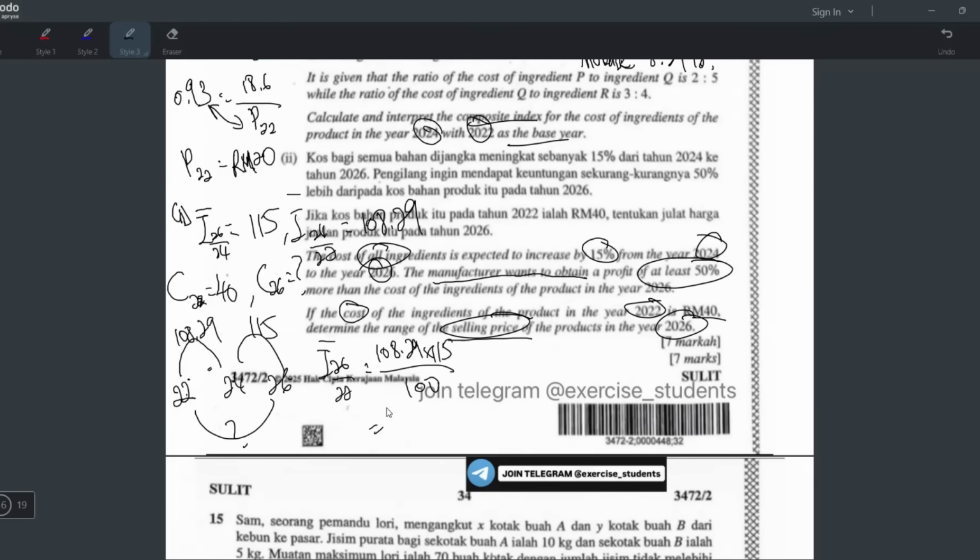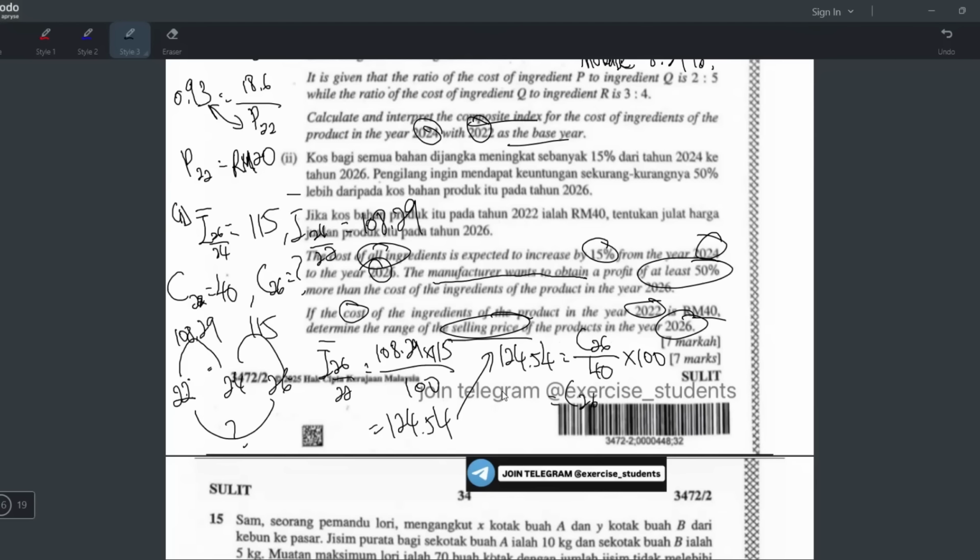What do you get? 124.54. Now continue here. I'm trying to find the cost. 124.54, the index will be something over something times 100, right? So the cost for 26 will be atas. And then the cost for 22 is 40. Alright, now you can find the cost for 26. Yang ni bahagi 100 darab 40. So what do you get?